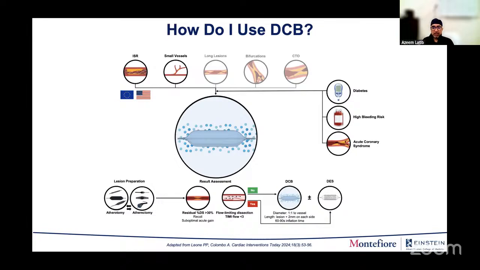The other important thing is, if you're doing a left main, and I've done many left main restenoses with drug-coated balloons, you have to try to get to 30 seconds at least. You may get to like 20 and start seeing, oh shoot, the blood pressure is starting to go down a little. You're starting to see some ST changes. Try to get to at least 30 seconds, if possible, before deflating.